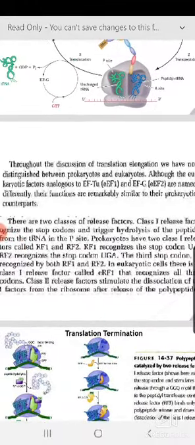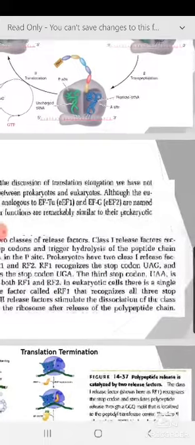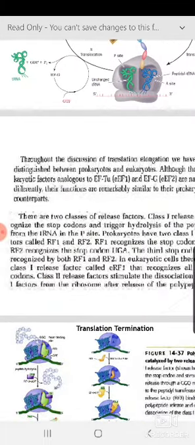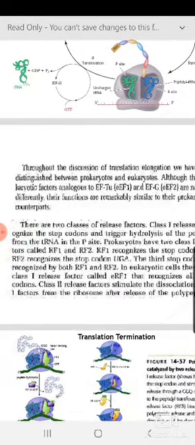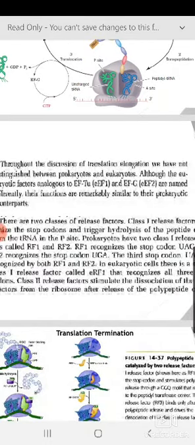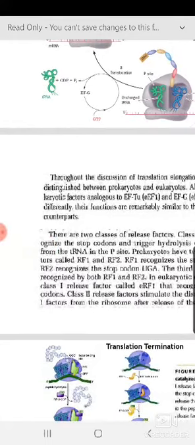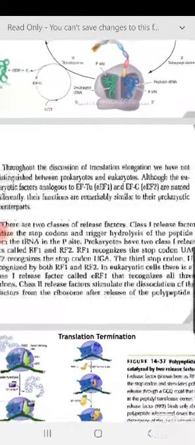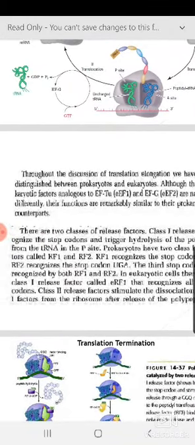Now, throughout the discussion of translation elongation, we have not distinguished between the prokaryotes and eukaryotes, although the eukaryotic factor analogs, as I was telling you, EF-Tu is named eEF1, where small e stands for eukaryote, and EF-G is named eEF2. Their functions are remarkably similar to their prokaryotic counterparts.